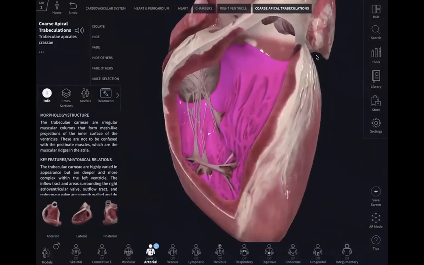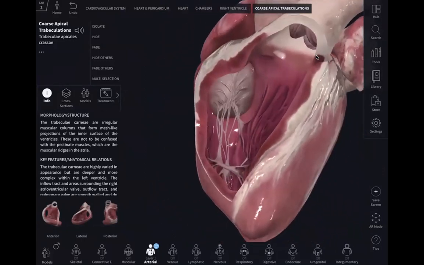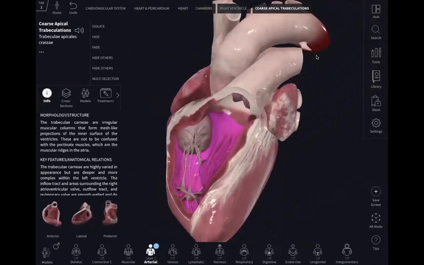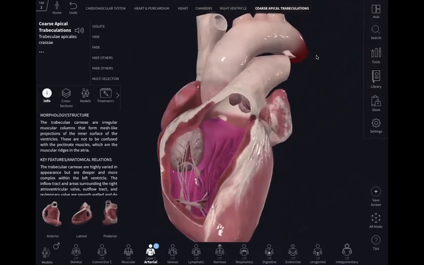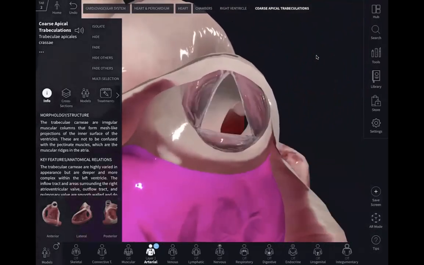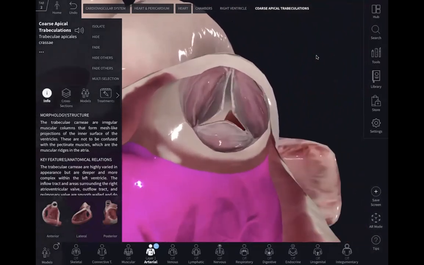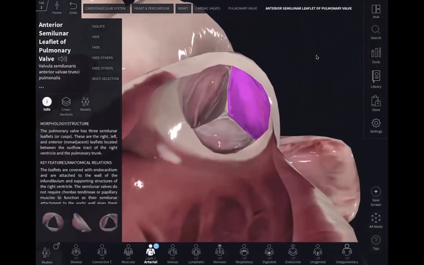Next, is it clear about the tricuspid? One more thing you can see from this is the pulmonary valve, one of the semilunar valves. Yes, this is the pulmonary valve.